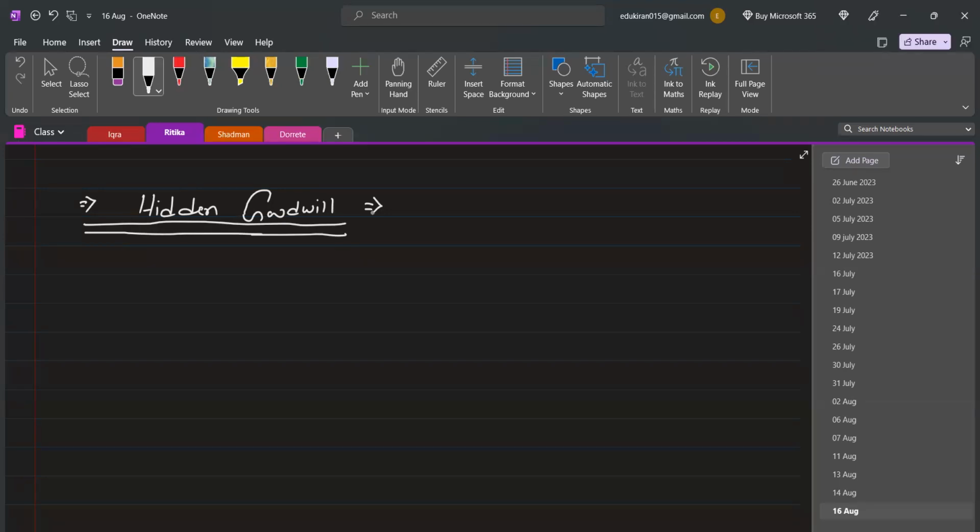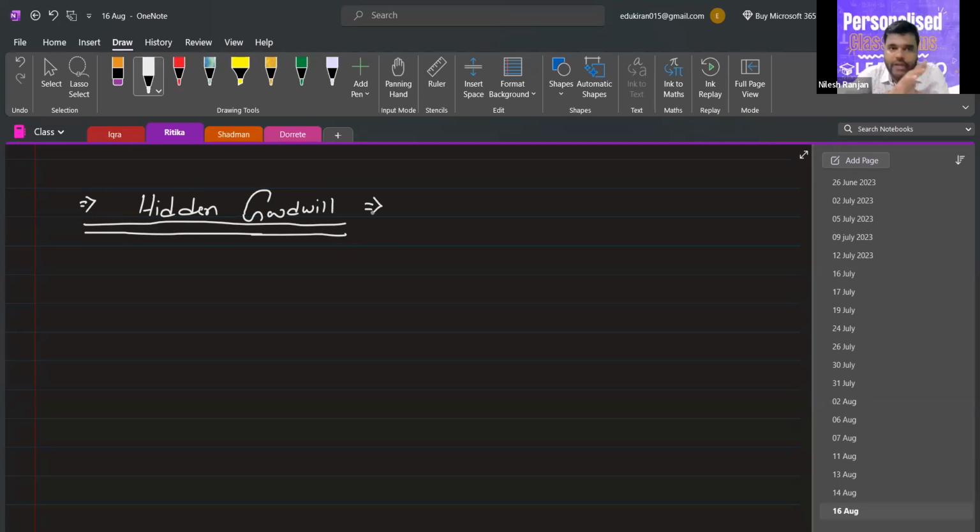So hidden goodwill we have to calculate when there is no information about goodwill first, and second, they ask you to do the accounting for goodwill.